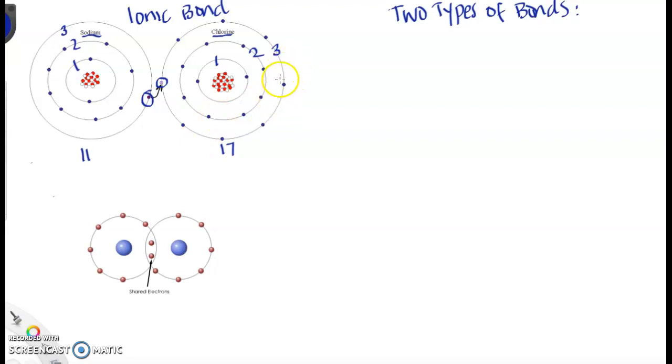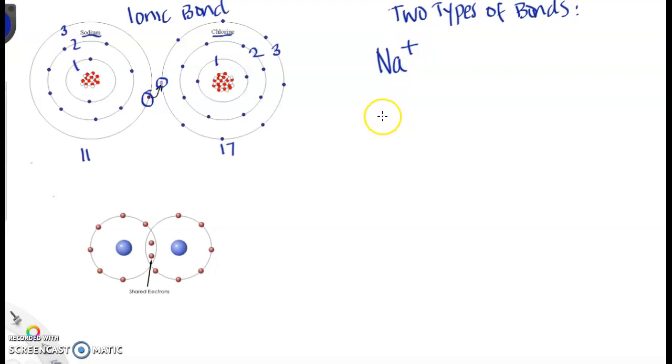When that happens, sodium has just given away a negative electron. So what happens to it? Does it stay neutral? No, it becomes positive, because one of its electrons just left.